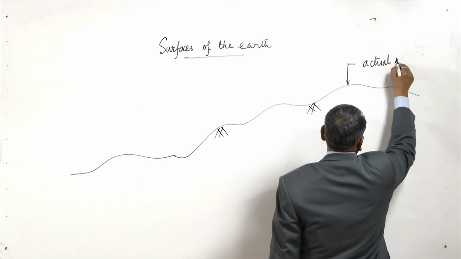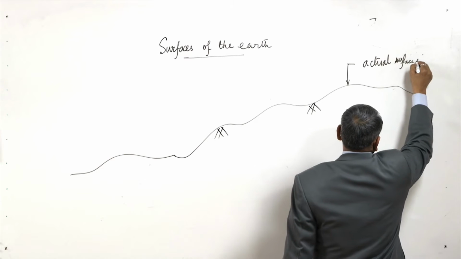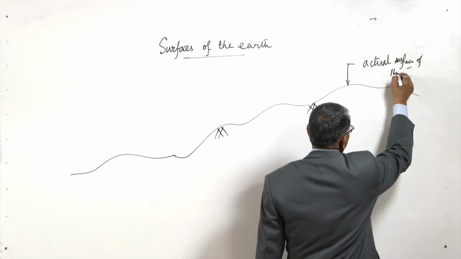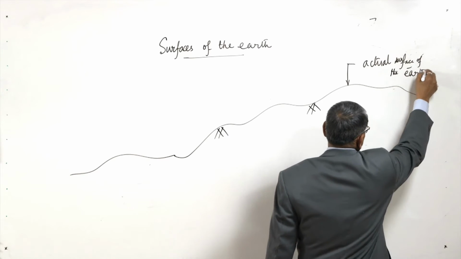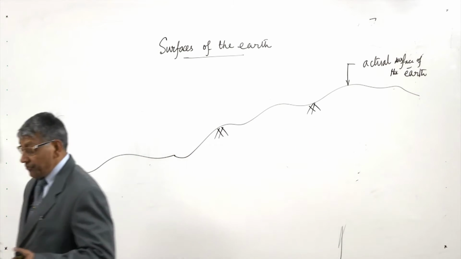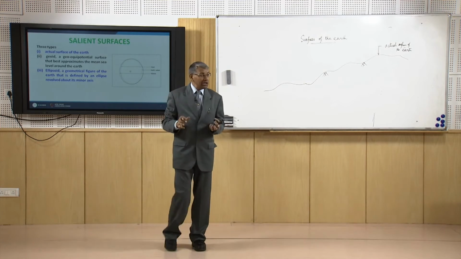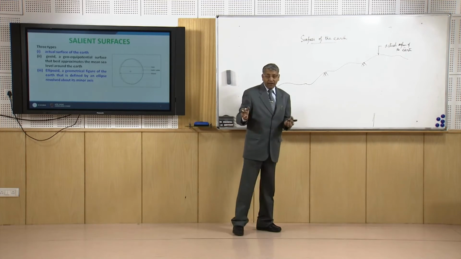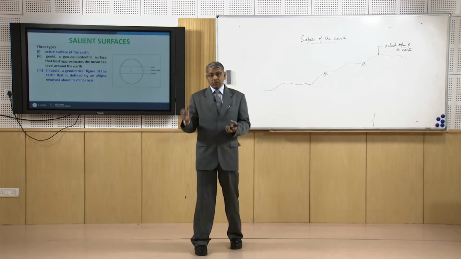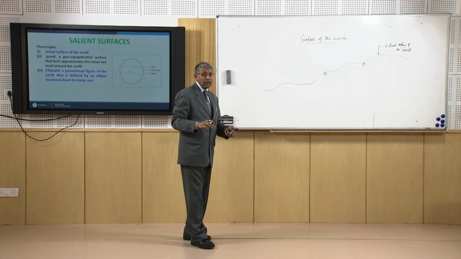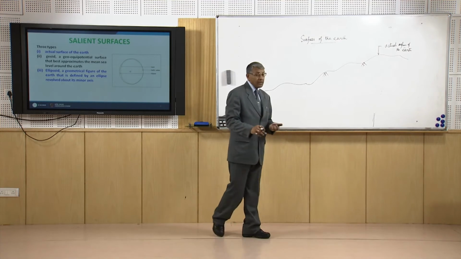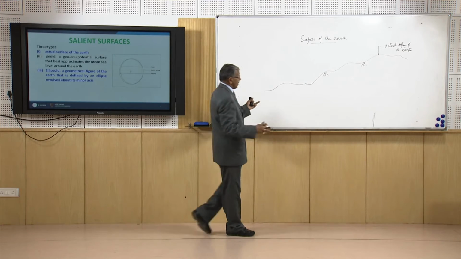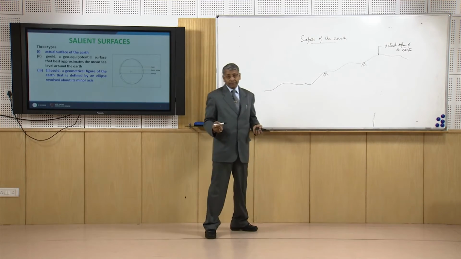But this surface is very undulating and any point may change at any time, because we are cutting, filling, and doing so many activities on it. So it is very difficult to know or model this type of surface.